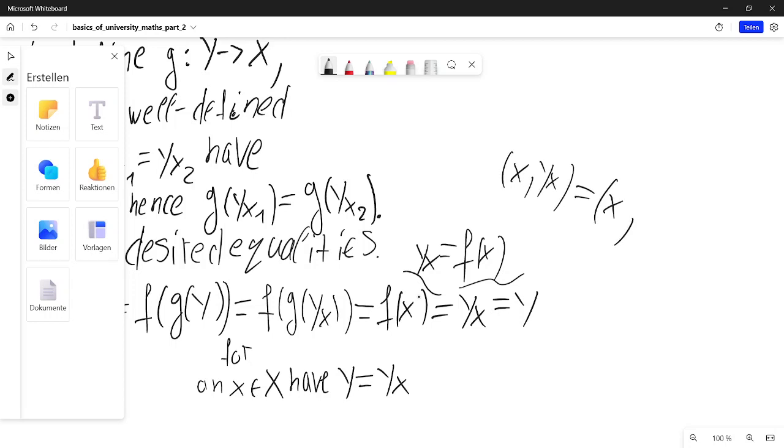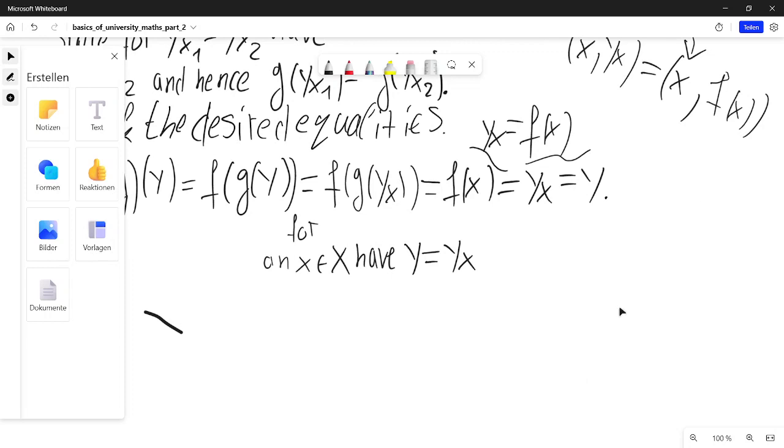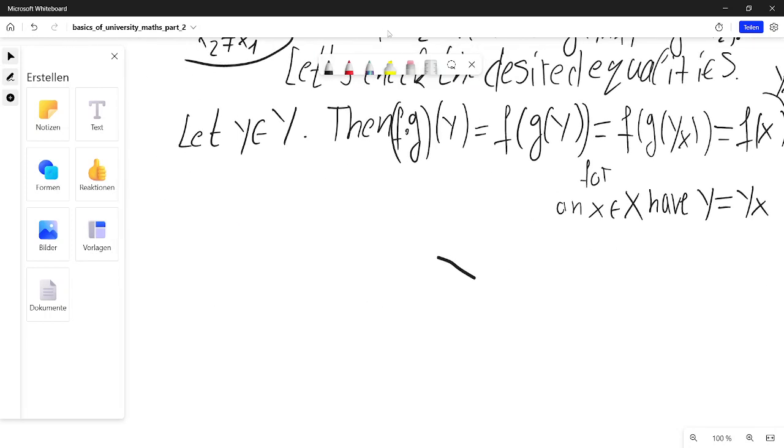The pairs can only be equal if the first elements are equal, and since we are going over all elements x, they are all different unless we are considering a pair with exactly the same x, right? So those are equal, and this x was chosen, so that is that. And this is a unique x, as we know, so y_x is equal to y by choice, and that is what we wanted as that equality, right? Alright, so one equality is proved: f of g of y, for any y, is equal to y, right?